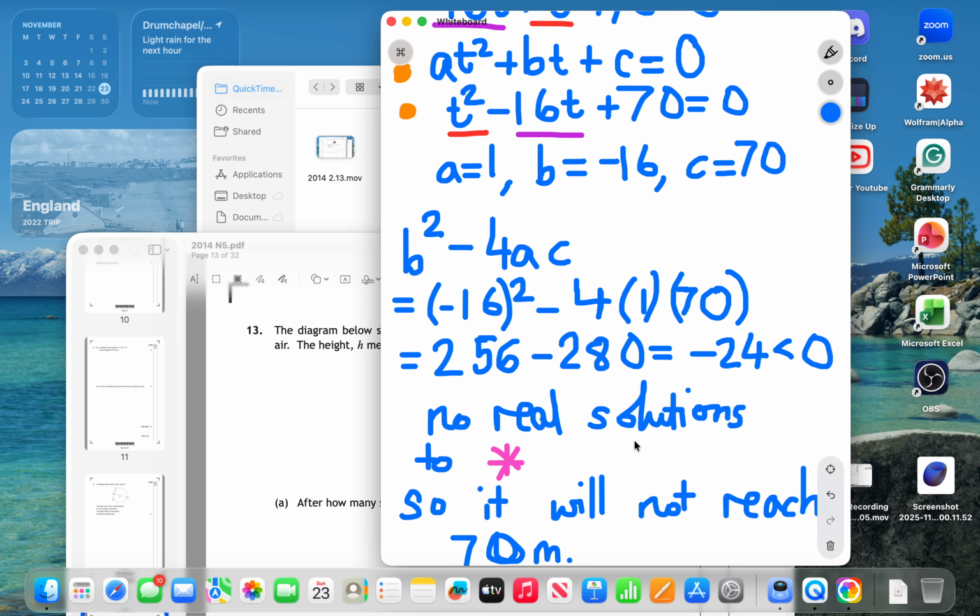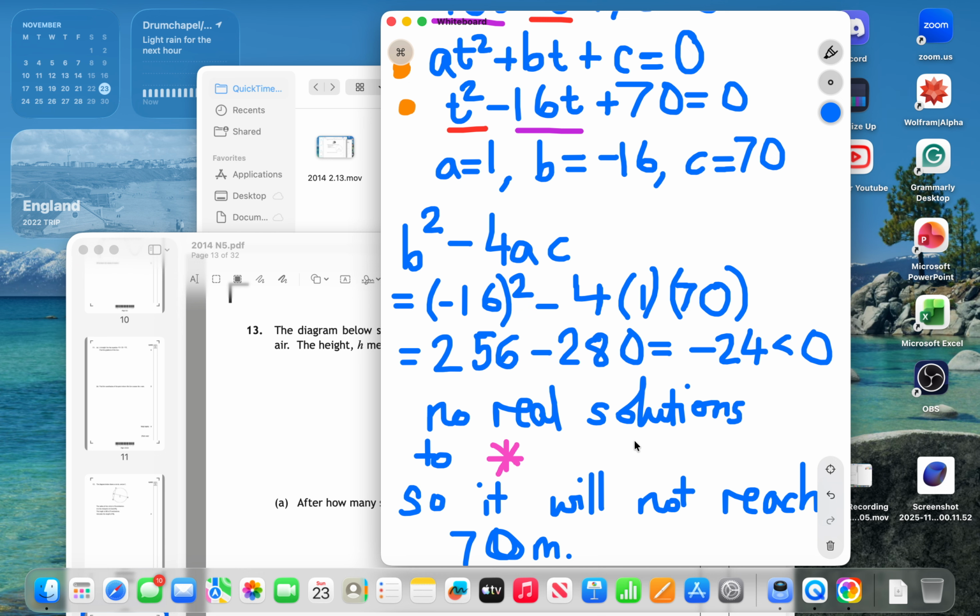And that's it. Because there's no solutions, there's no value of t which satisfies that equation, so it does not reach the height of 70 meters.